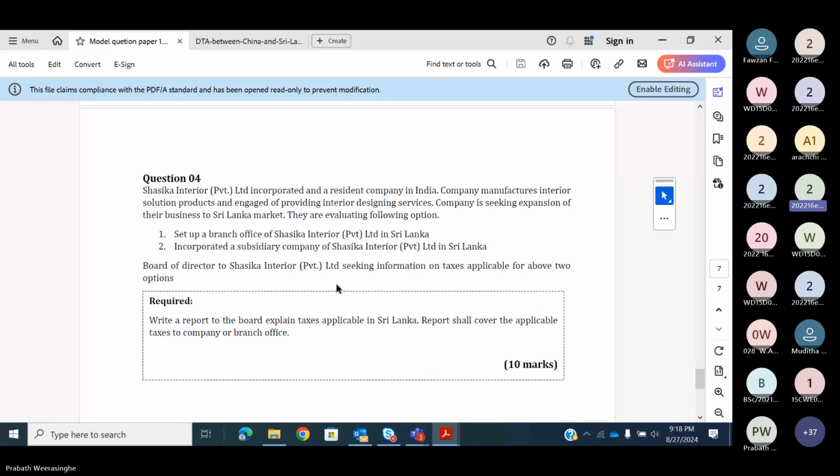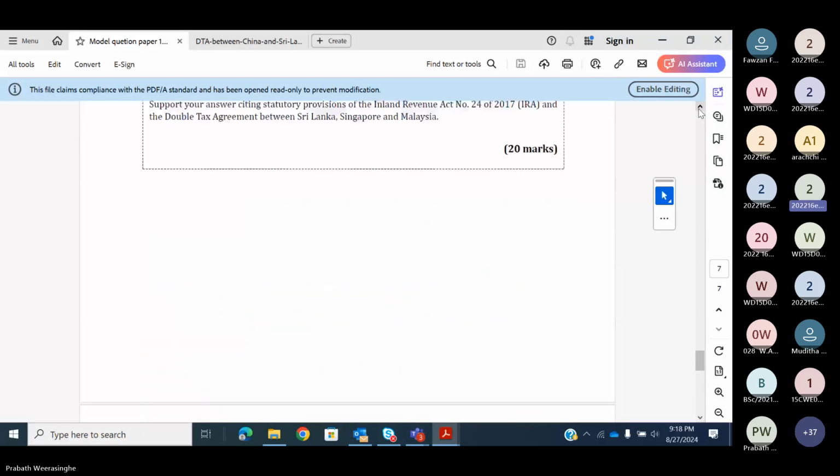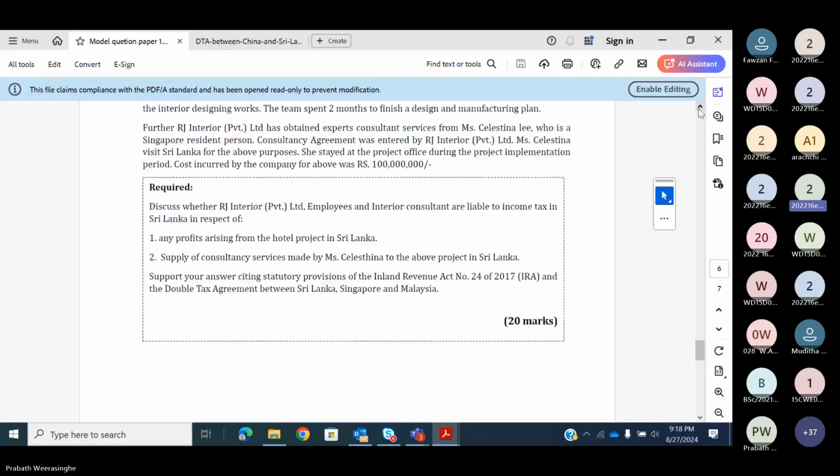Can you explain question number 3, the computation part, how to arrive at the liability of the non-resident? What is the structure and how do we derive it?